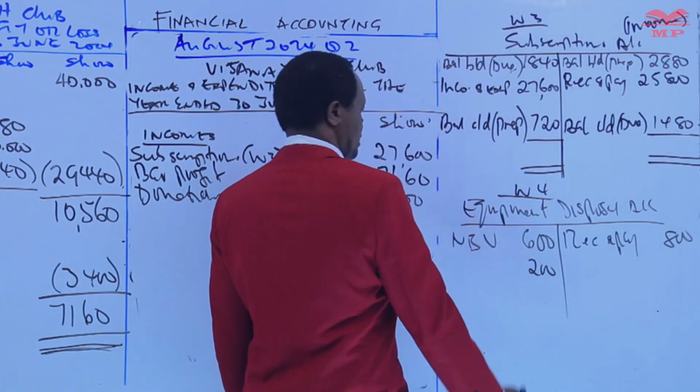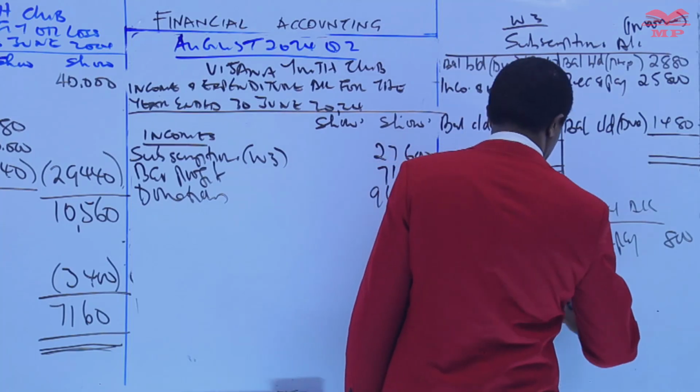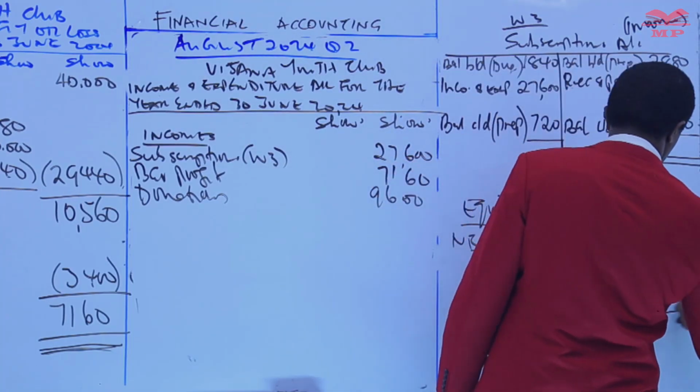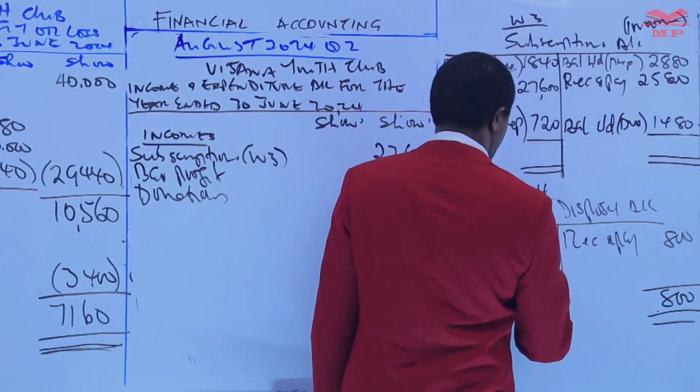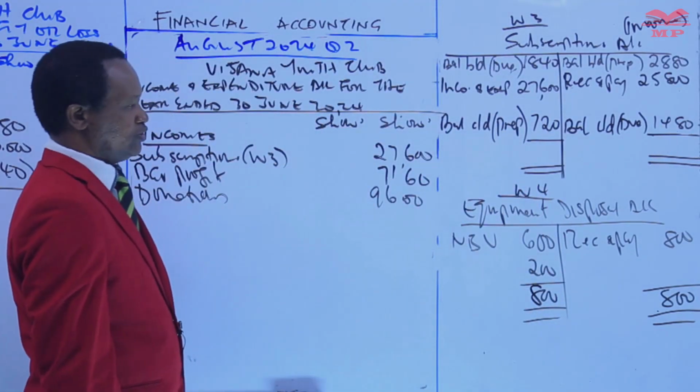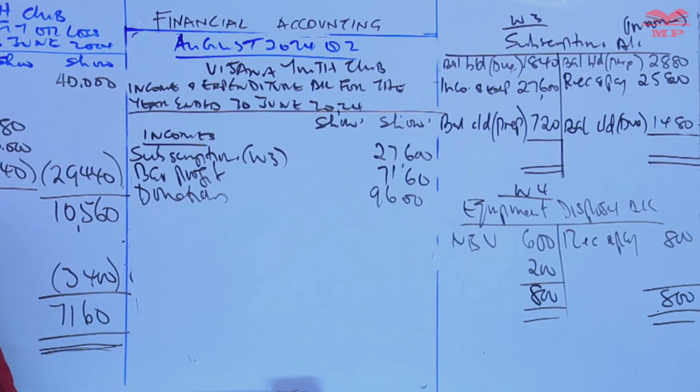So is this gain or loss? Can I hear from you? Tell me now, candidates, where do we record the 200 and how do we describe it? What is the description of the 200 on the board?